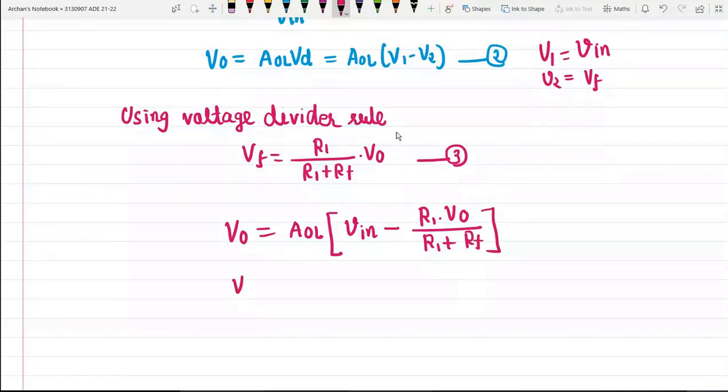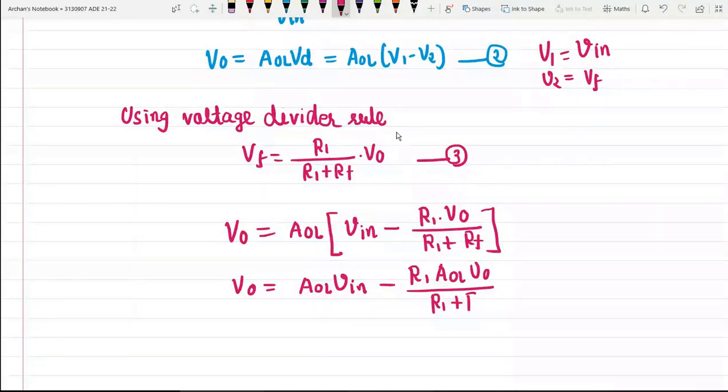Just simplify the thing. We will have AOL times Vin minus R1 AOL V0 divided by R1 plus Rf.